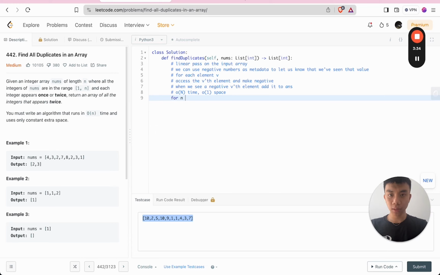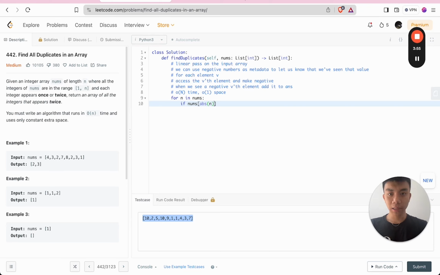So here comes the linear pass. For n in nums, we're going to grab the absolute value of n because n could be negative and then it would be out of range of the index of the array.